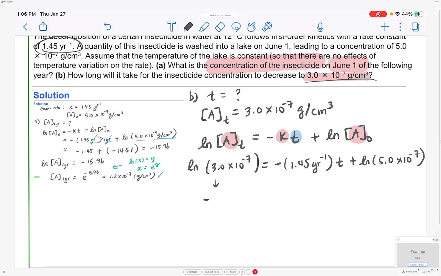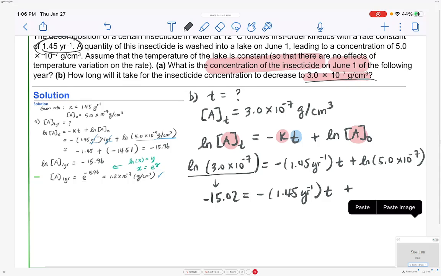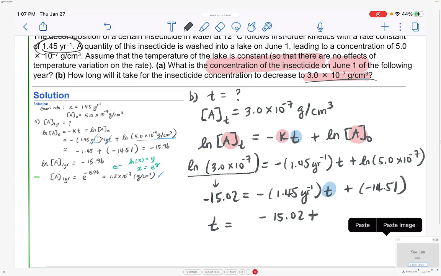Natural log of this value gives negative 15.02 equals negative 1.45 inverse year T plus natural log of 5 times 10 to the negative 7, which is negative 14.51. Okay, if you solve for T, T equals negative 15.02 plus 14.51 divided by negative 1.45.